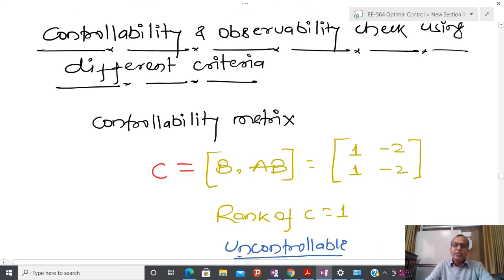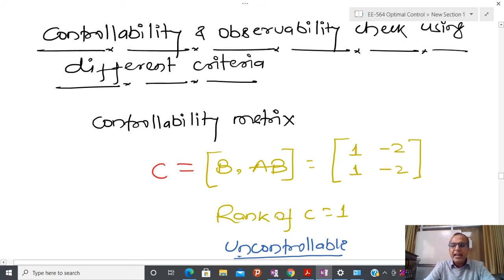But in this particular example, I will give you another overview also. If you do not believe in the Kalman test, which is what this is called, is it possible to check controllability and observability another way? Because if you understand this, then you are able to extend the idea of controllability and observability to nonlinear systems also. Due to that reason, I am going to discuss some more criteria.